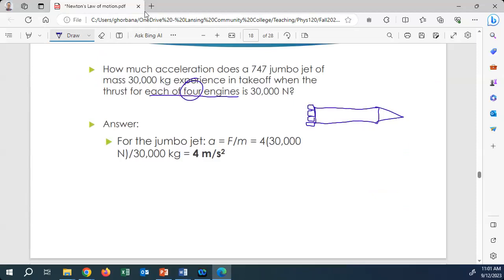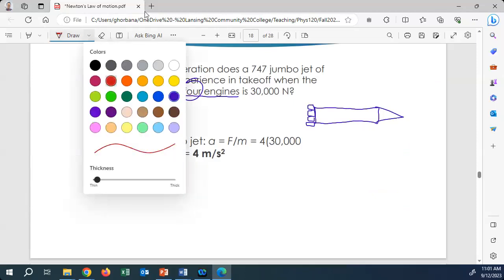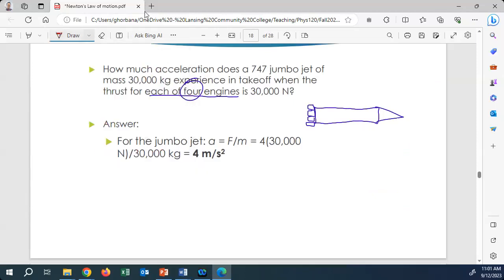Thrust force is pushing the airplane forward. How can I draw it? Let me change the color. This is 1, 2, 3, 4, and each one is 30,000 Newton.